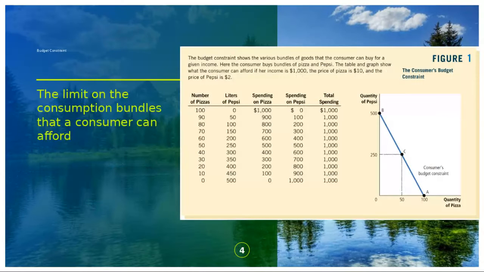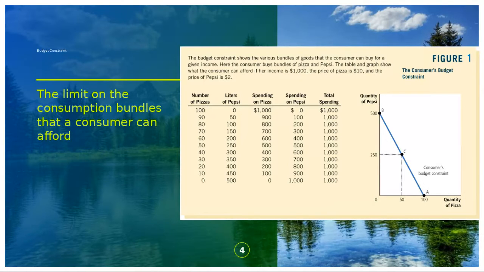The budget constraint can simply be understood as the limit on the consumption bundles that a consumer can afford. You might remember early on in the semester when we discussed the production possibilities frontier. If you remember, we said the production possibilities frontier was basically a curve which showed all the production possibilities a country could have between two goods, given that there was only a limited amount of time in the day or a limited amount of labor hours or any other resource supplied.